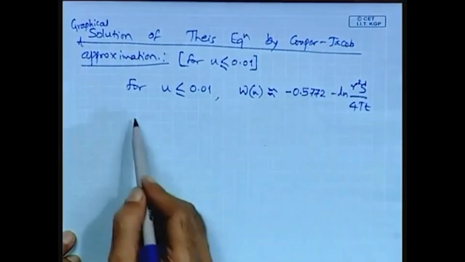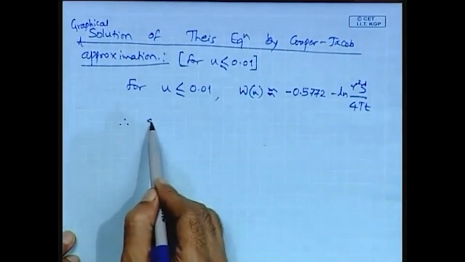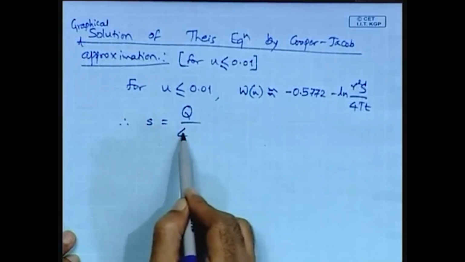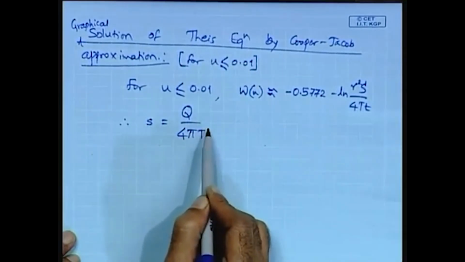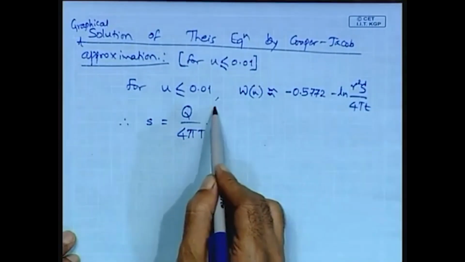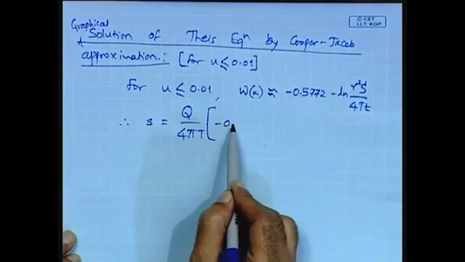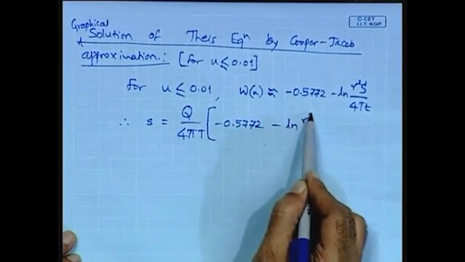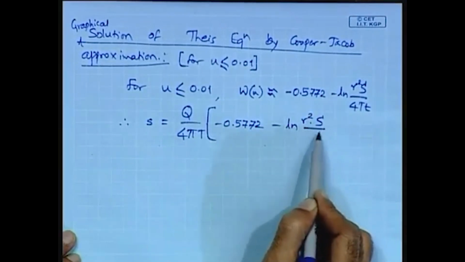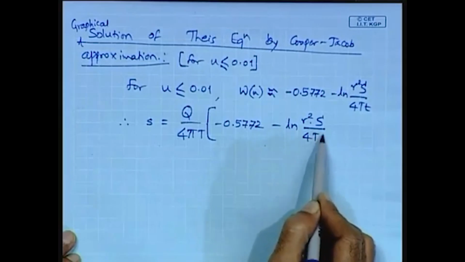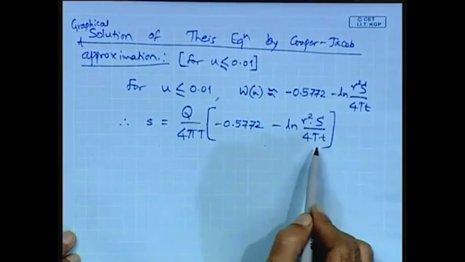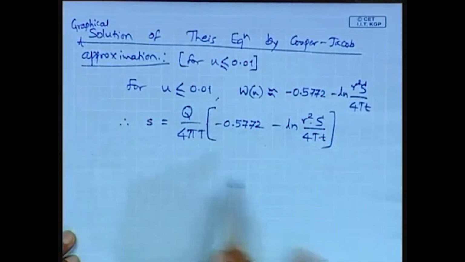Therefore, the expression for the drawdown s will be given by q divided by 4 pi into transmissivity T multiplied by minus 0.5772 minus natural log of r square into storativity S divided by 4 T into t. Here T is the transmissivity, t is the time since pumping, and s is the drawdown.